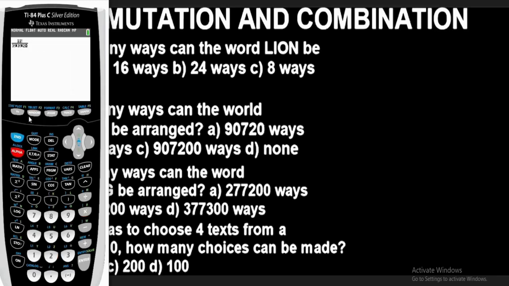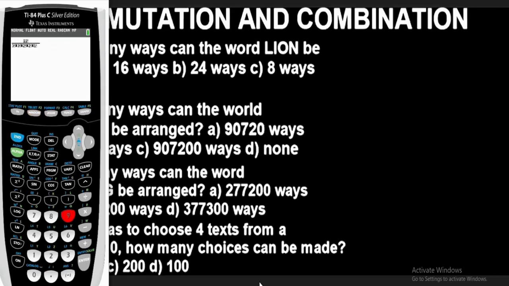Alpha window factorial, 9, times the last 2 factorial. Alpha window factorial, 9. Then times 1 factorial. Alpha window factorial, 9.